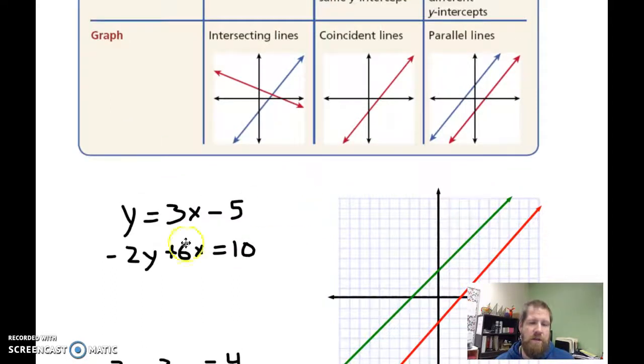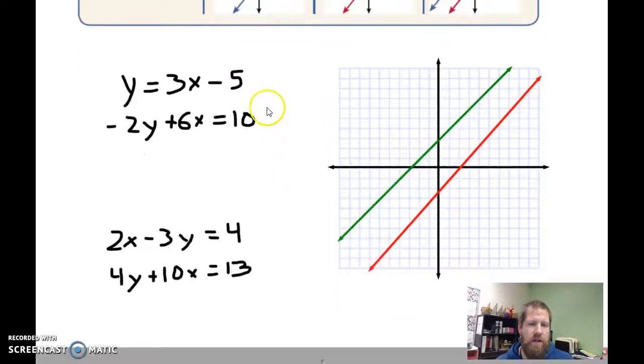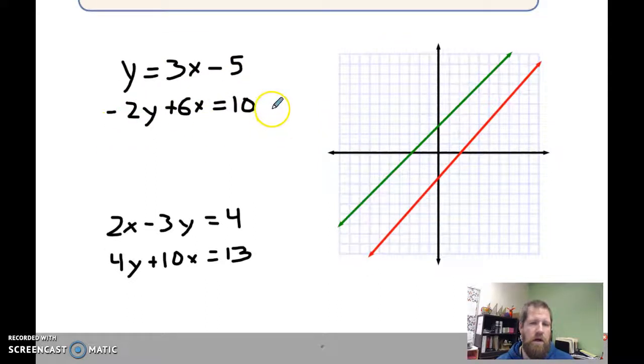And the difference between a positive and negative is going to be a parallel line and an intersecting line, right? Either parallel or crossing in just one place. So my suggestion when you do these is, especially if you've got one already in slope-intercept form, just get the other one in slope-intercept form. All right, make sure that you have it done correctly. It shouldn't take you too long.